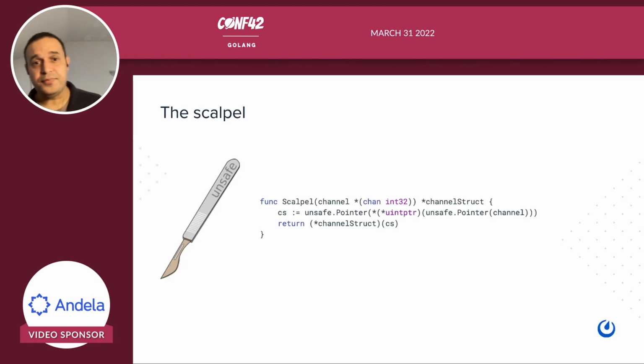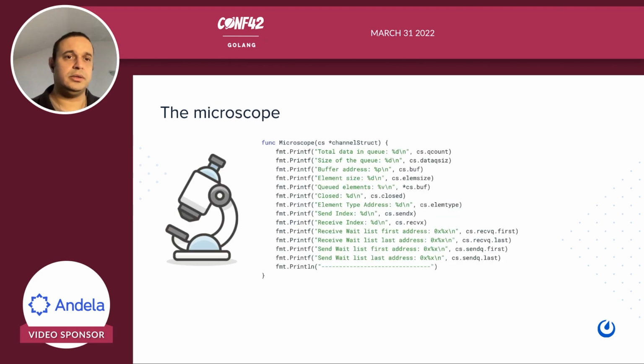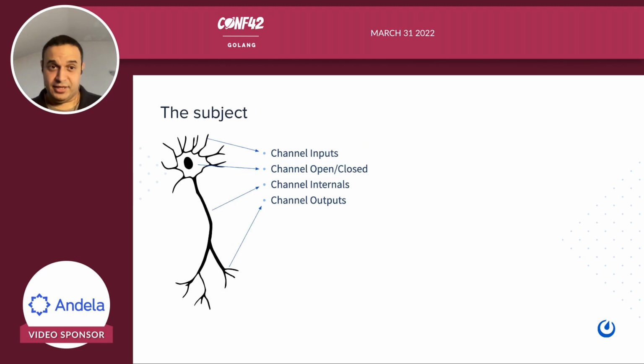Channels. For channels, I'm going to use a channel of Conf42. Again, just using unsafe to access the memory, storing that in a structure. The microscope, more or less the same, getting that structure, printing it in a readable way. The subject in this case is a channel.